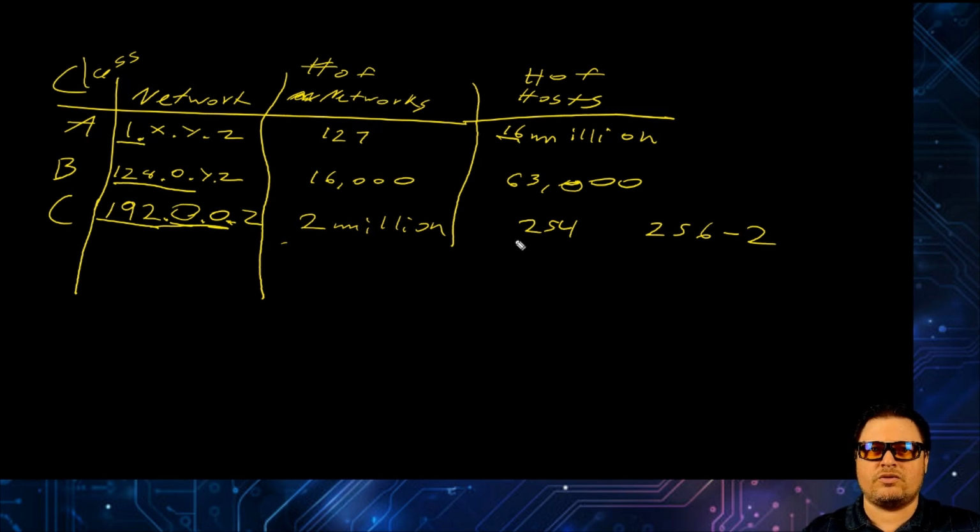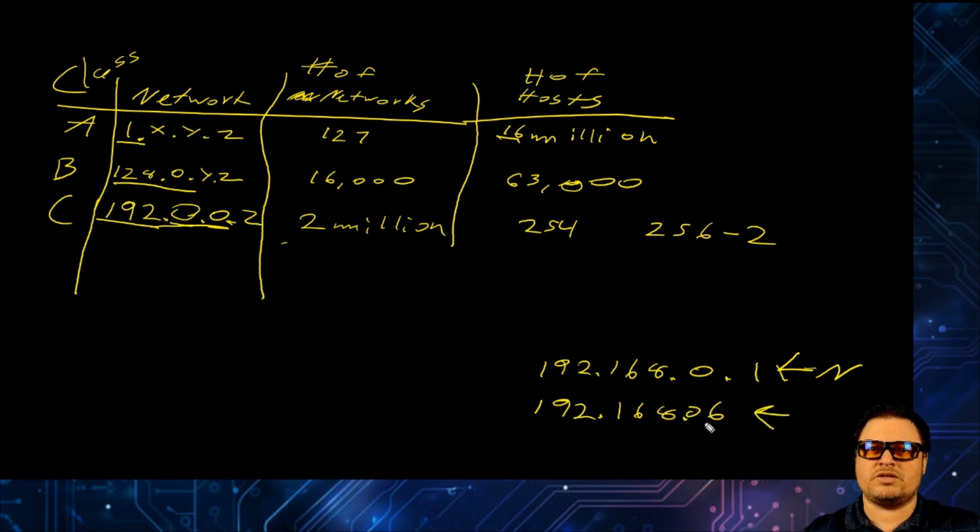Let's say you got 192.168.0.1. This will technically be your network. Your broadcast would be 192.168.0.6.